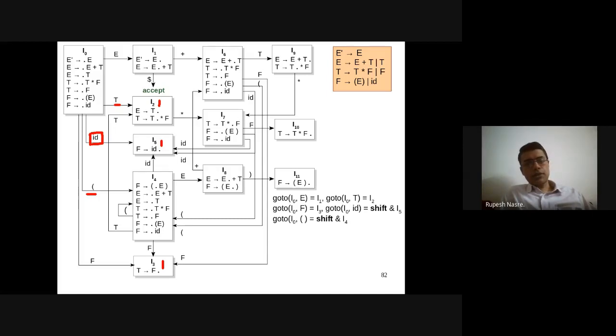That is another action, apart from reduce and shift: accept.